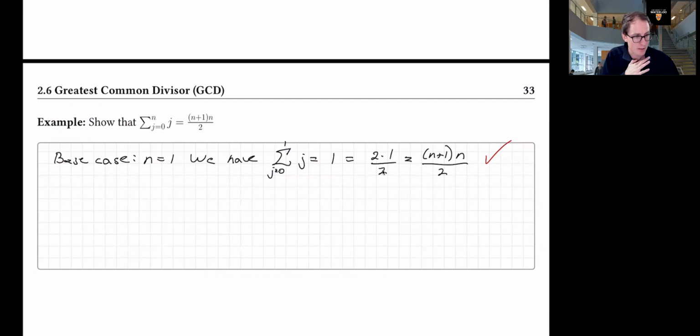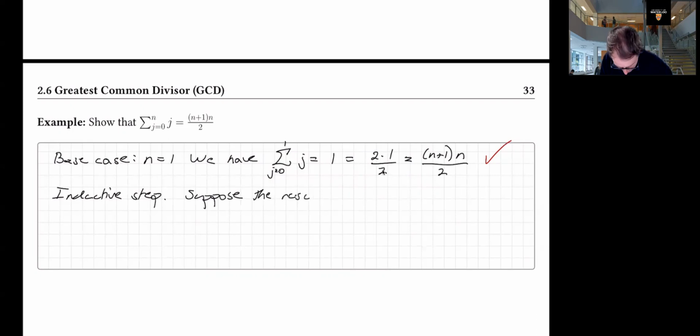Now we do the inductive step. So we suppose the result is true for n.